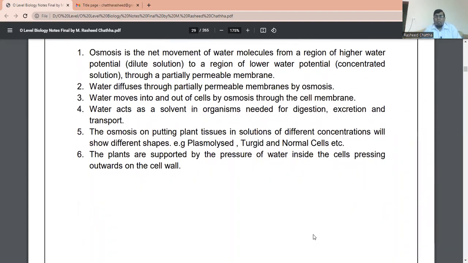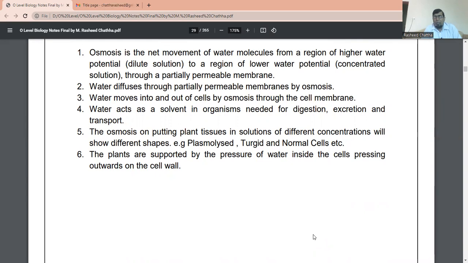Osmosis is the net movement of water molecules from a region of higher water potential or dilute solution to a region of lower water potential or concentrated solution through a selectively permeable membrane. Water diffuses through a partially permeable membrane by osmosis, and water moves into and out of cells by osmosis through the cell membrane.